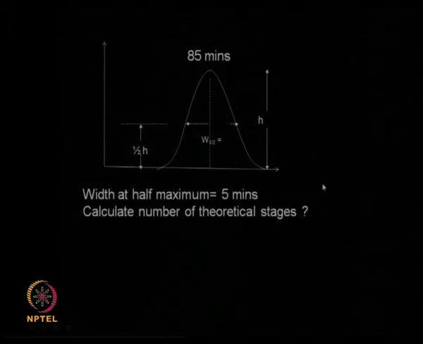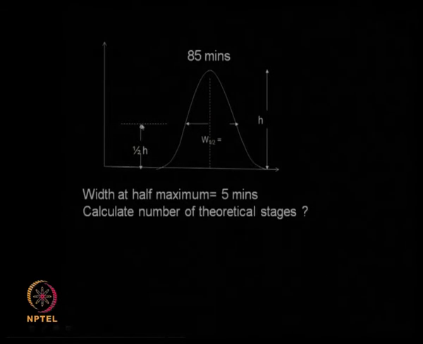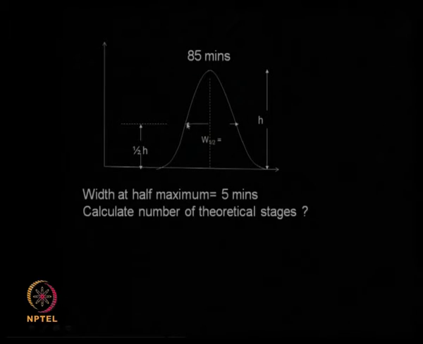Let us look at another problem. This is in a different way. We know the elution time, it is 85 minutes, and the width at half maximum, the place where the height is half. If you assume the overall height of the peak is h, at half h this width is given, that is 5 minutes.